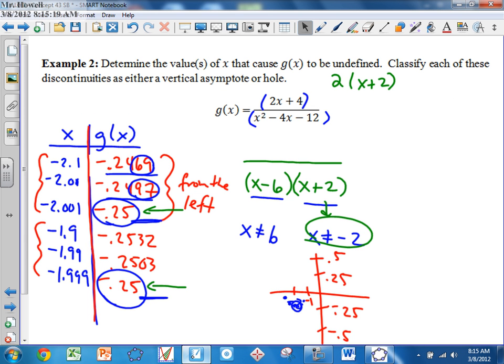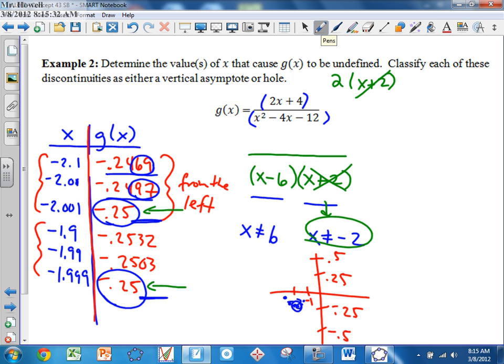Now, how do I know that value? Here's a little trick for you. Cancel out the x plus 2's, since they're in both. Write what's left. Now plug negative 2 into that, because that's the point we want to look at.